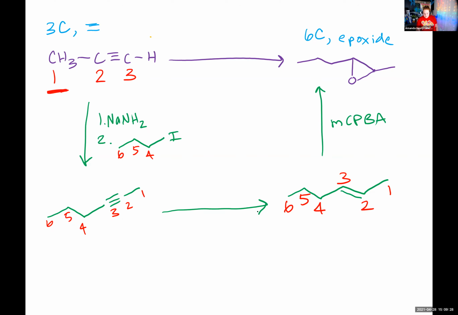So we need to use sodium metal. Good, I do see it in the chat over there, perfect. So sodium metal and liquid ammonia. And so that will give us the trans alkene.